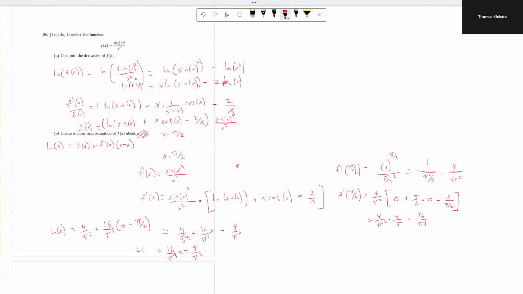And that is our linear approximation. But again, this is a perfectly good linear approximation.